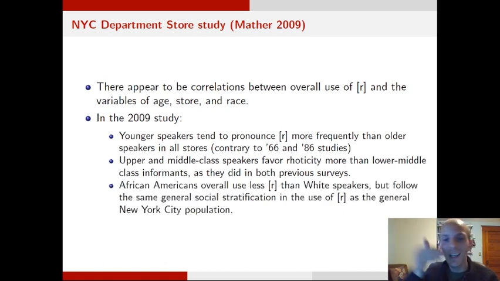And in addition, African Americans overall use R-lessness more often than white speakers. But even amongst African Americans with an increased level of R-lessness, there's still social stratification in the use of R, just like Labov found. Kind of interesting. Essentially, they're confirmed. They're updated, they're in a little bit more depth, and their methodologies are different. But by and large, they confirmed his theory.